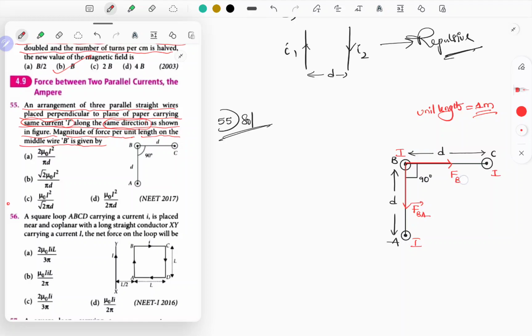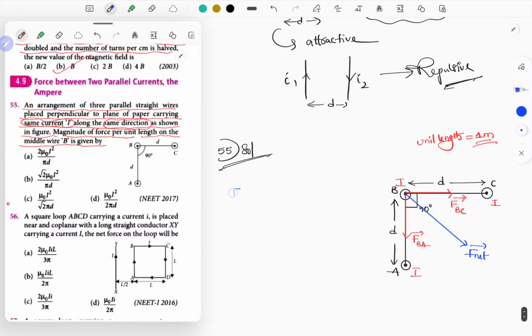Force on B due to C, attractive force, right? So these are the two forces which are perpendicular to each other. How to find out the net force? Sorry, not B net, F net. We need only the magnitude.